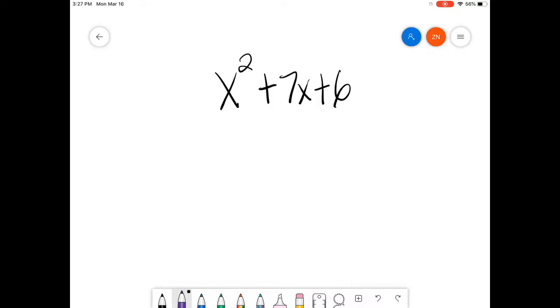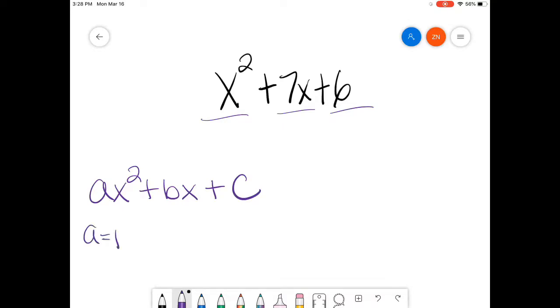In this problem, before we begin, you must understand that this trinomial has a standard form, ax squared plus bx plus c. You may have seen this before. In this case, in the example that I'm looking at, a equals 1, b equals 7, and c equals 6.